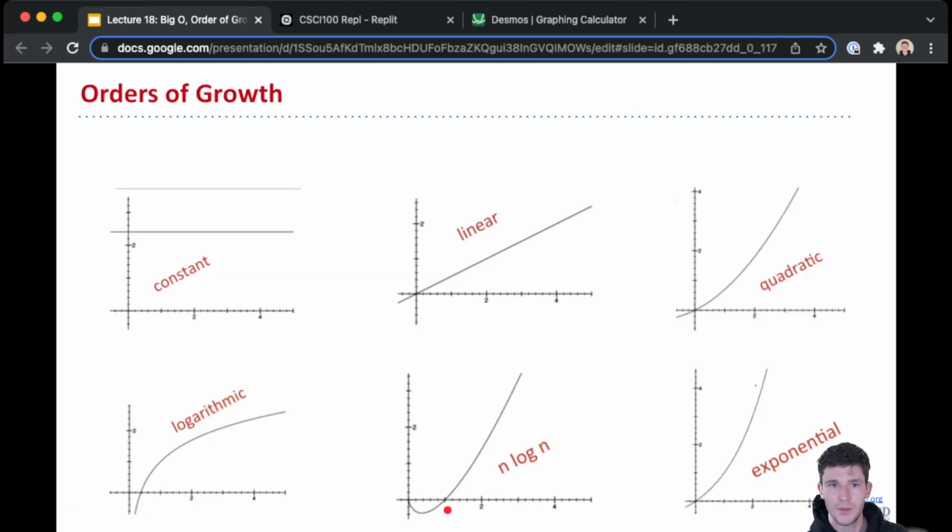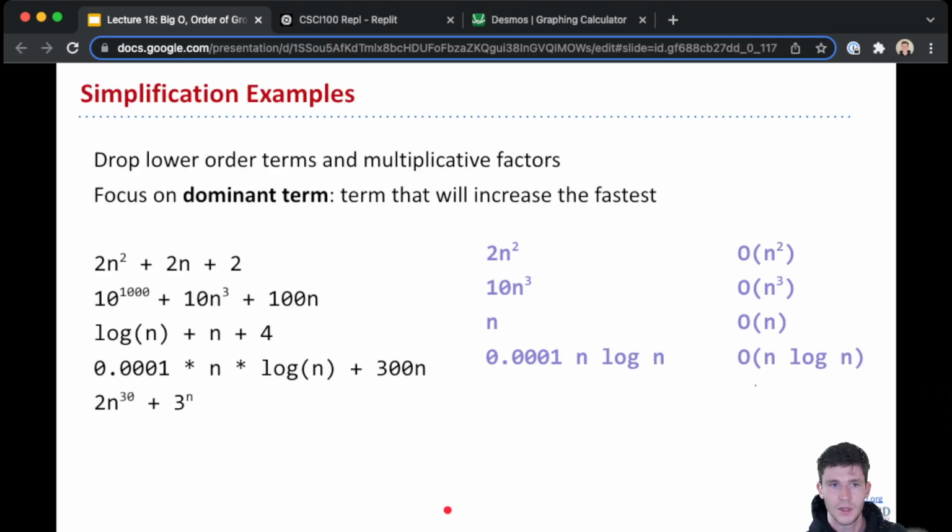And so if we go back to our example here, 3 to the n grows more quickly than n to the 30th. Even though n to the 30th seems really big, 3 to the n actually grows much more quickly. And so for a very large n, this will dominate the number of operations we have. And so we drop 2n to the 30th, and we get big O of 3 to the n for our order of growth.